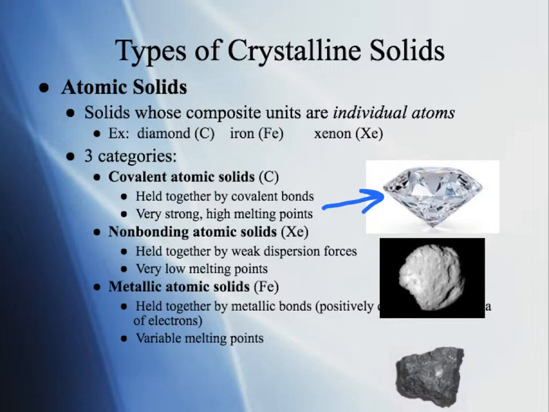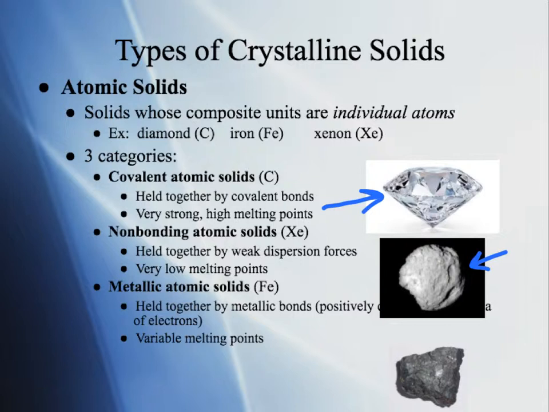In fact, to even get non-bonding atoms to make a crystalline structure, you have to have extremely low temperatures and high pressures. So this is xenon gas in solid form. And again, this only occurs with really high pressure and really low temperature because you're going to have very low melting points.